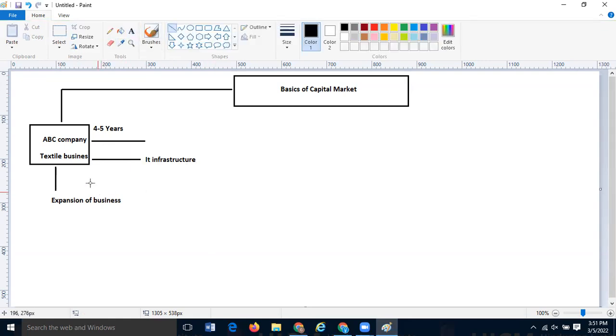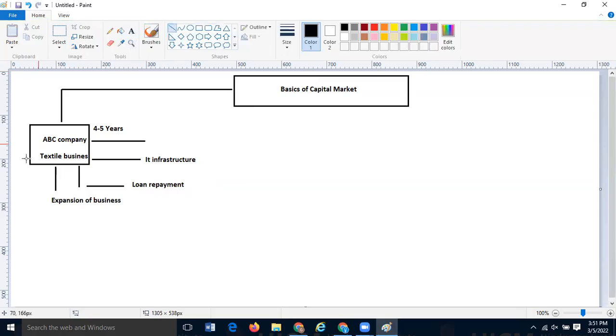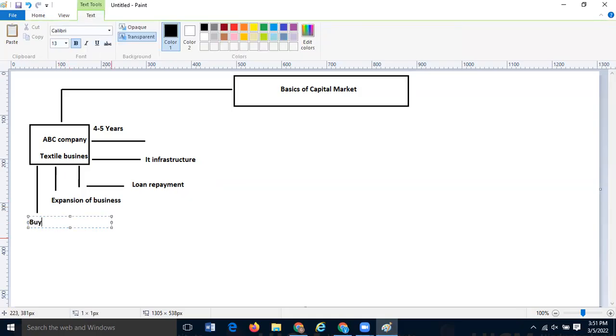Another reason is that he can have a loan which he wants to pay. There can be a loan on this company which they want to repay. Third, there can be a plan in which he wants to do a buyback of another company. There should be a reason why he wants it. He doesn't want to do a party with that money.